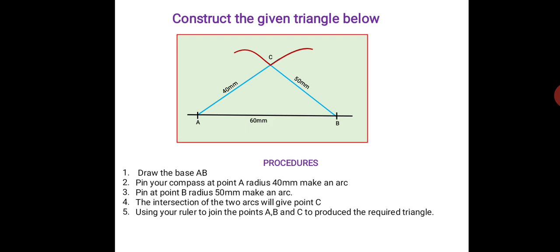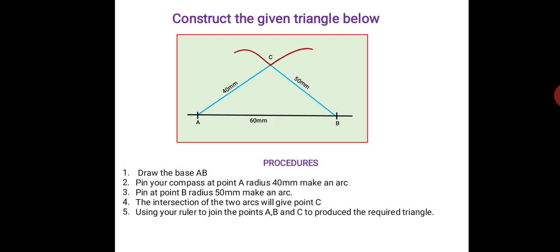Now, to produce point C, which will give you the triangle, you pin your compass at point A with radius 40 millimeter and make an arc. Remove your compass, pin again at point B with radius 50 millimeter and make another arc.